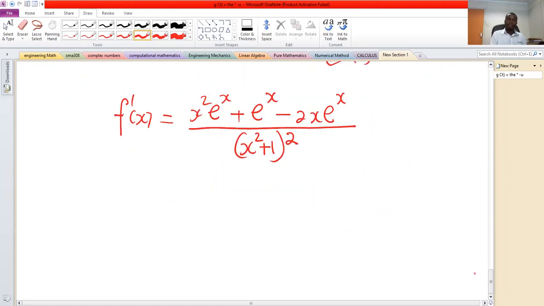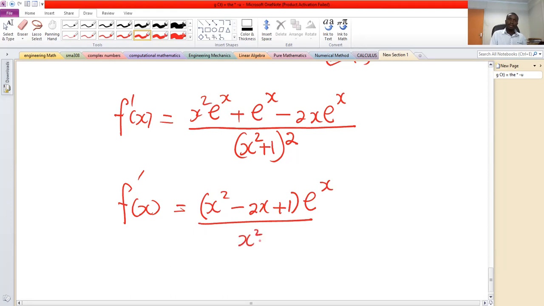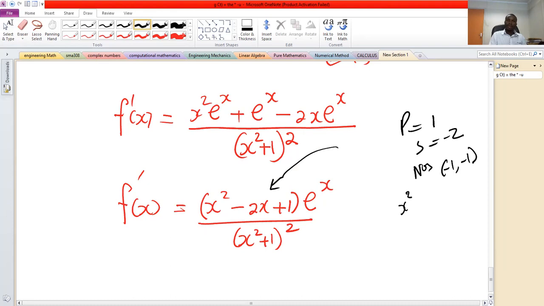Now, numerator can be factorized. So you can say x squared minus 2x plus 1 e raised power x and then divided by x squared plus 1 squared. But you see this quadratic part here, product is 1, sum is minus 2. So numbers, -1, -1. So we have x squared minus x minus x plus 1.